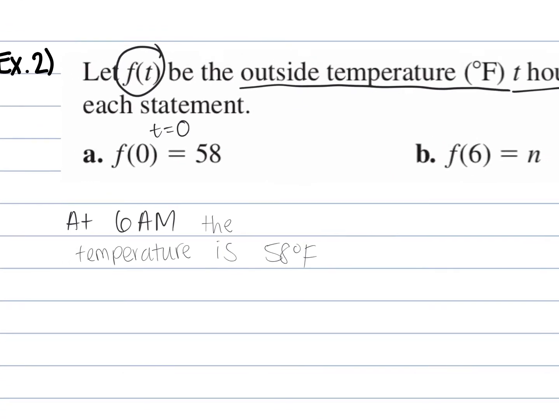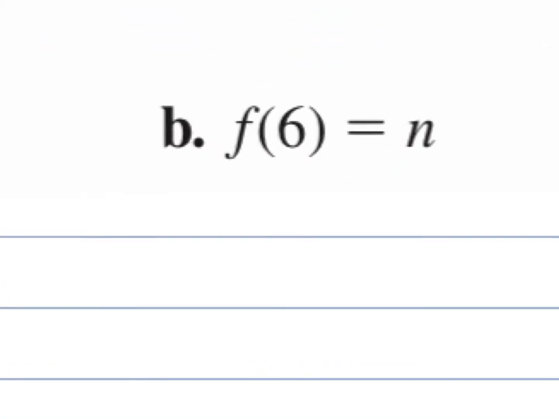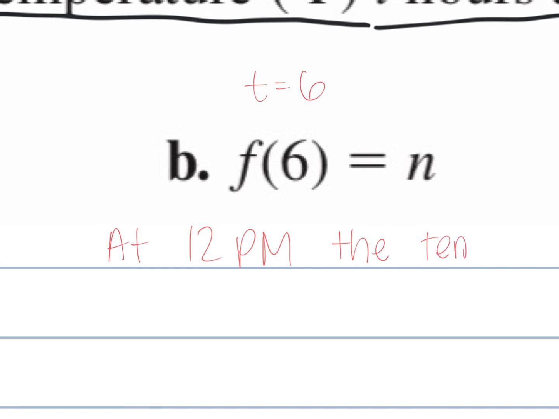In the second one, f of 6 equals n. What is t in this example? 6. So t is equal to 6. That means if we're 6 hours after 6 a.m., what time is it? 12 p.m. So at 12 p.m., do we know the temperature?